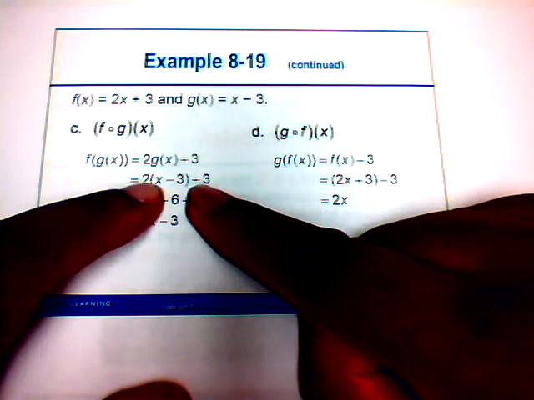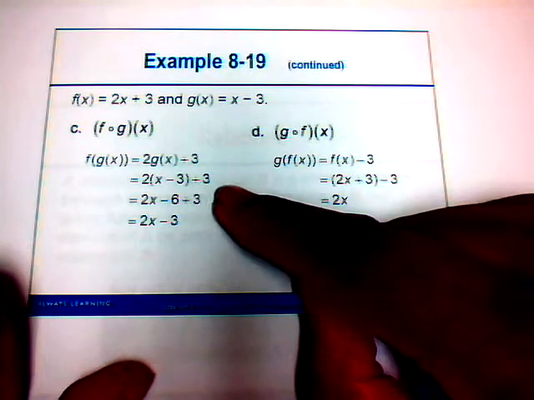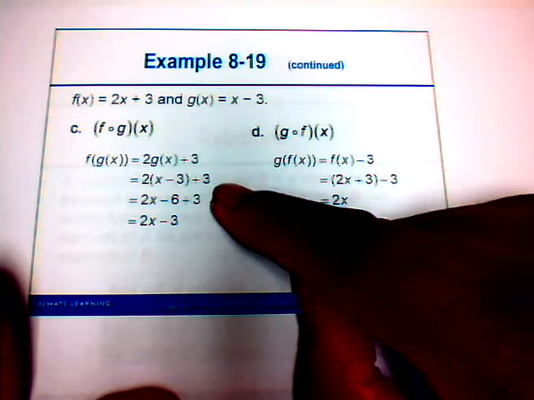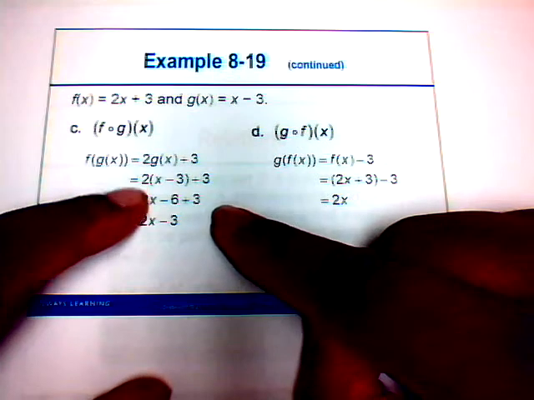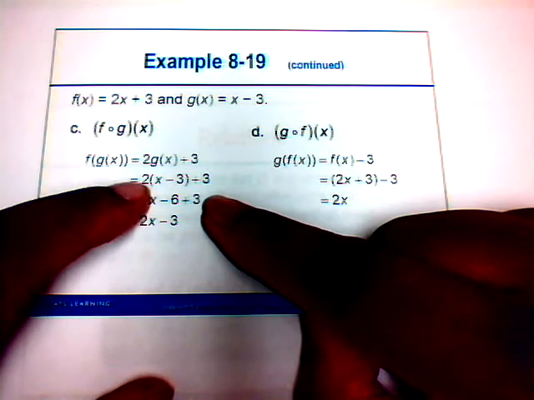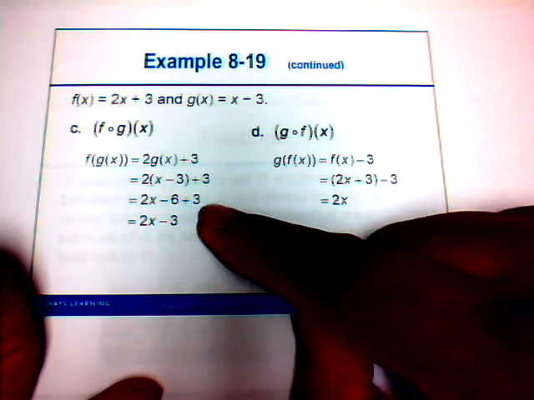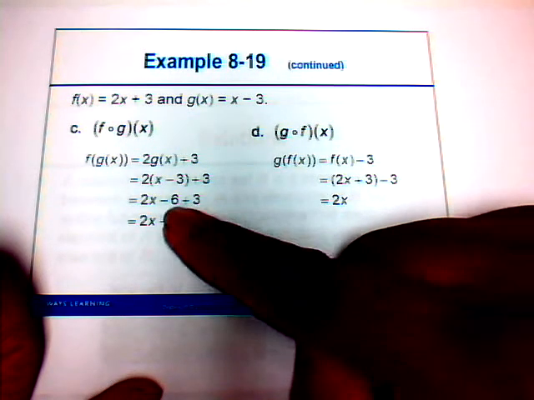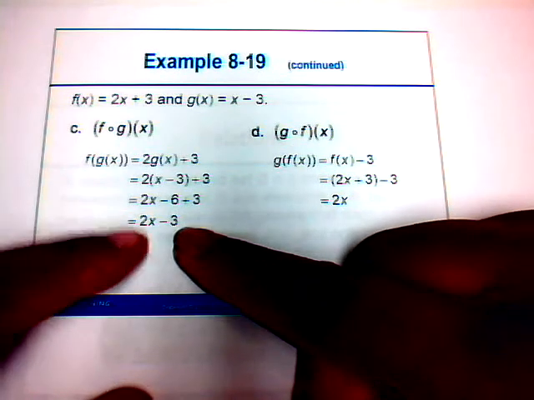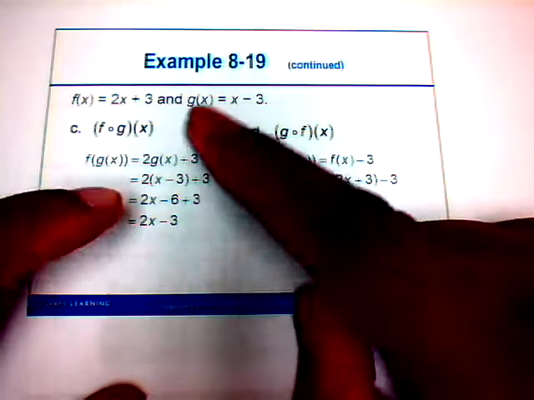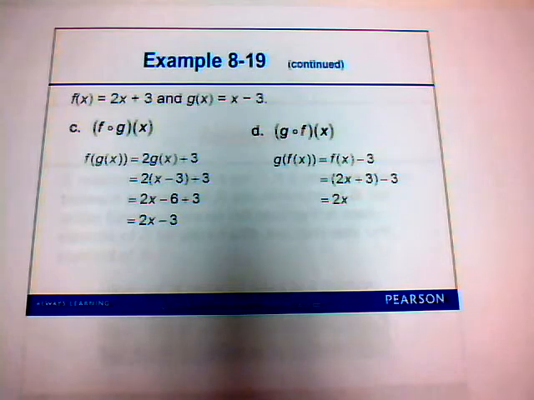So here you have 2 times the quantity x minus 3, plus 3. Simplify this, you're going to get 2 times x, which is 2x. Then 2 times the minus 3 will be minus 6, plus 3. Combine like terms, minus 6 plus 3 will give you minus 3. So you'll end up with 2x minus 3 as the final answer for the composition of f with g of x.